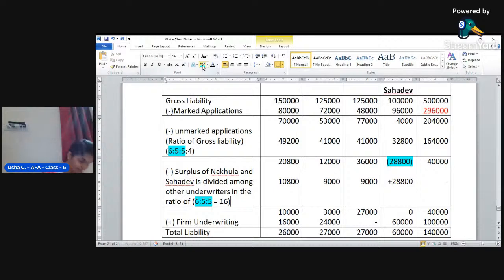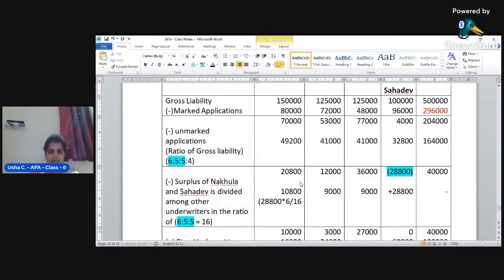Now calculate the particular share in the underwriters' ratio, like 28,800 into the Yudhishthira share, which is 6, right? 28,800 into 6 divided by 16. I'll just do this here in a bracket.